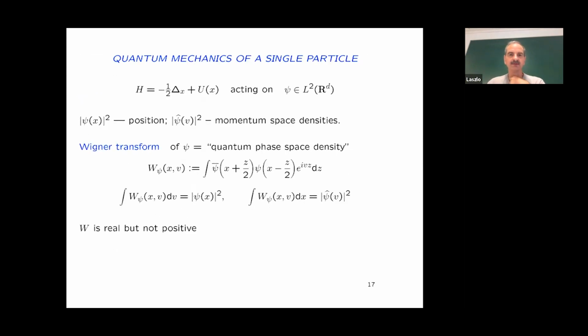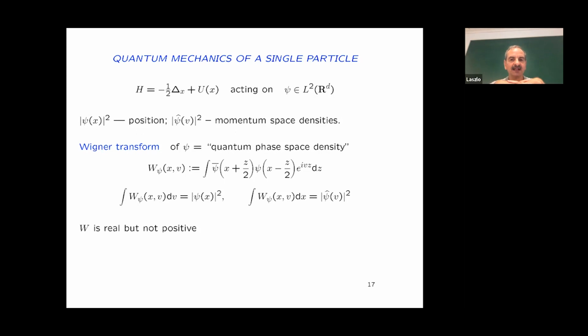Okay, now let me come to quantum mechanics. This is also well known. So in quantum mechanics, the kinetic energy is replaced by the Laplacian, the potential stays. The wave function psi describes the position. Its Fourier transform describes the momentum space density. It's very important to stress that the wave function itself does not carry any observable or measurable physical quantity.